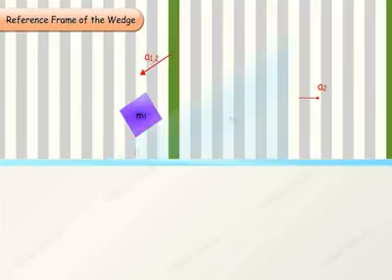Considering the free body diagram of M1 from the reference frame of M2, we have the pseudo force M1A2 towards left, M1G downwards, and normal reaction N from the surface. And acceleration a12 is along the incline of the plane, since from the reference frame of M2, a2 is equal to 0 and M1 just slides down the inclined plane.